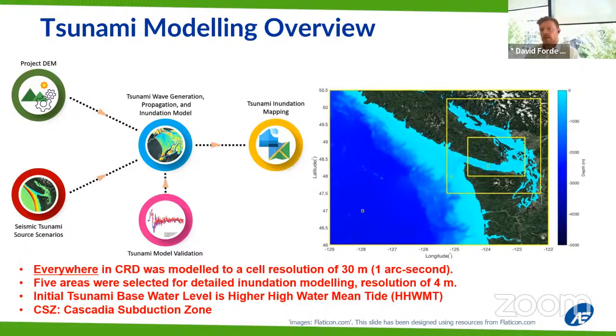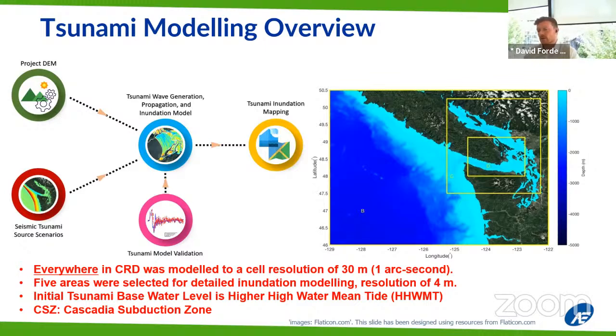We selected 11 different events, combinations of sources and varying probabilities or magnitudes, which we'll demonstrate on the next slide. Then that gets plugged into what's called a tsunami wave generation, propagation, and inundation model. That's just a fancy way of saying it's hydraulic modeling software that's able to apply hydraulic formulae over a large geographic area.